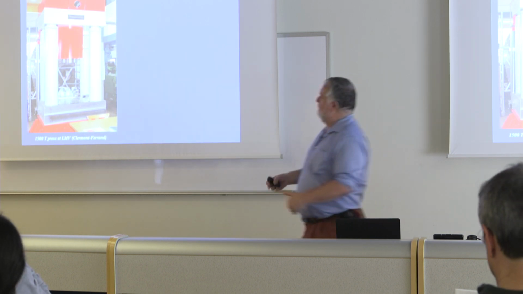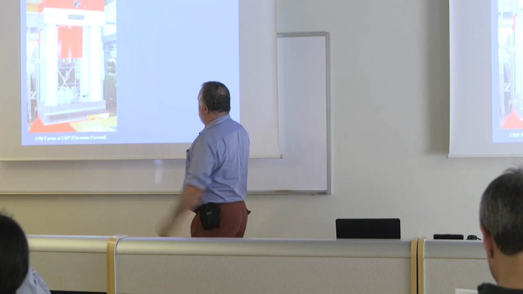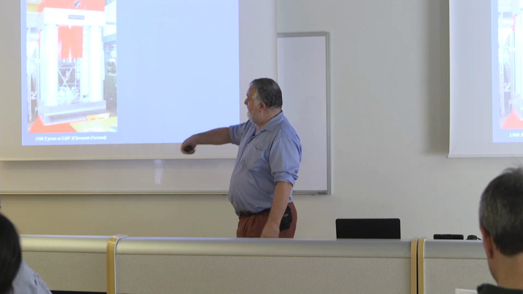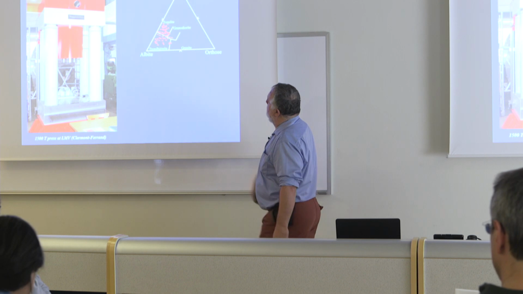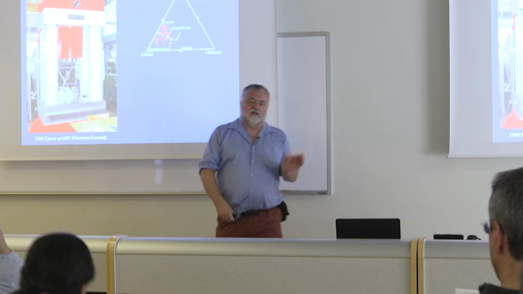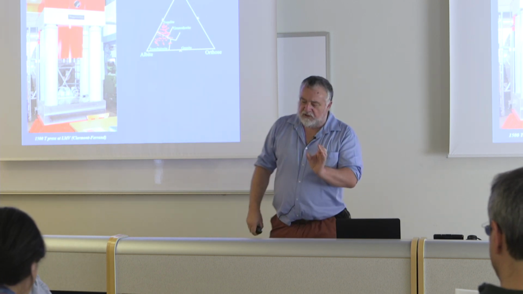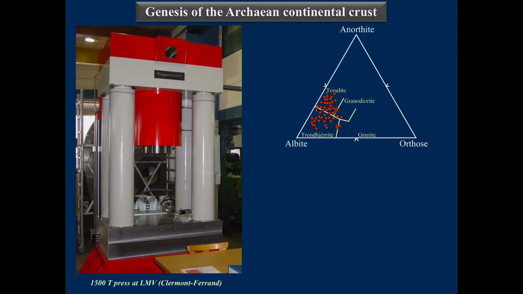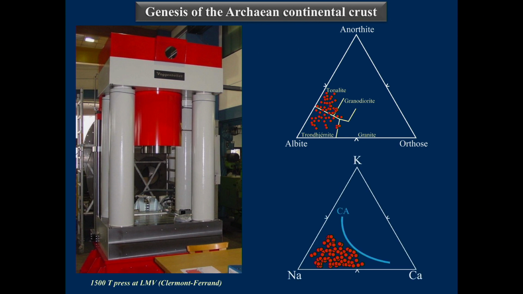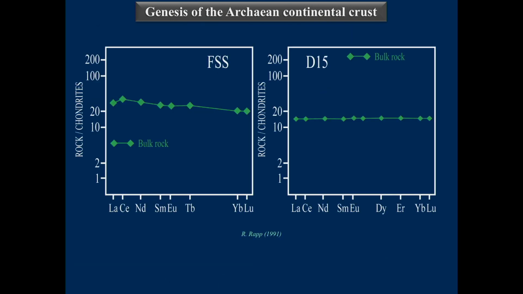And we can also heat the samples up to melting. And what we obtain, if we take a basalt and put it at high pressure and high temperature, is TTG magma. We will obtain magma with a tonalitic composition. And a very interesting point is that if we look now at the rare earths, here is a basalt before melting.